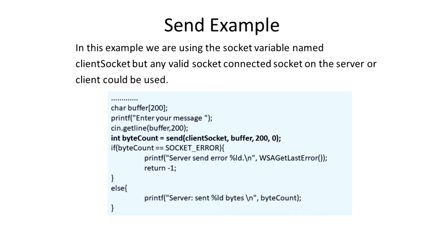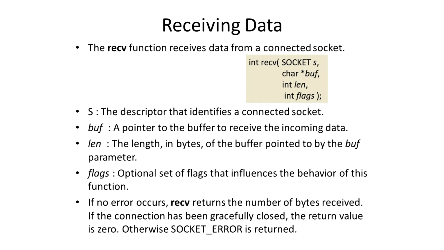Now let's go on and have a look at how we receive that at the other end. So in this case, if the client is starting the conversation by sending from client to server, then at the server end, we'll need to start with the receive function, which is abbreviated to RECV, short for receive.